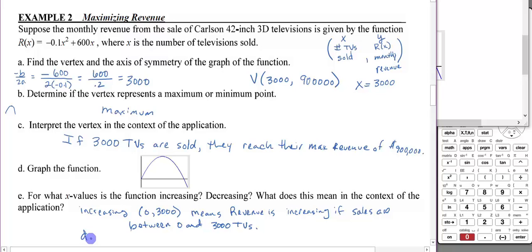And it's decreasing from 3,000 to infinity, which, you can keep going this way, it's a positive infinity, if sales are higher than 3,000 TVs.